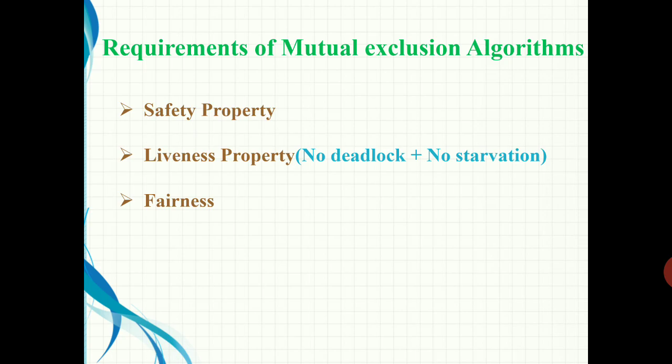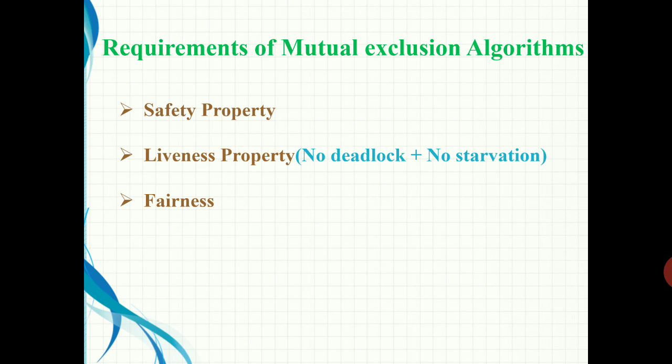That is about non-deadlock. Then the second is starvation. Every site that wants to enter the critical section should get an opportunity to execute it in finite time. That is, if a particular site sends a request to enter the critical section, and after some finite amount of time it can enter, then we can say that there is no starvation.